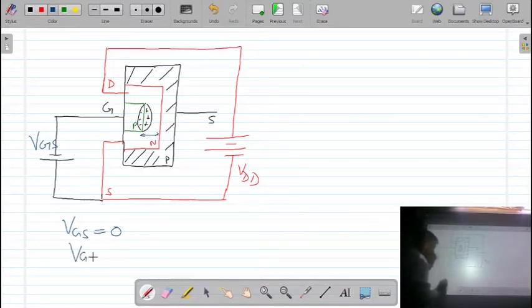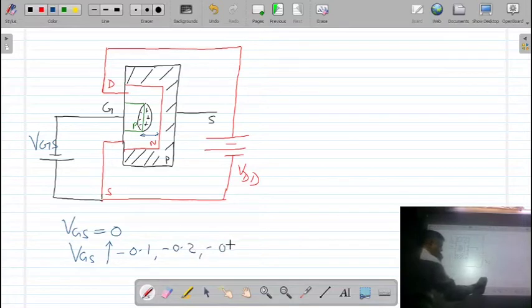As VGS is increased negatively, minus 0.1, minus 0.2, minus 0.3, the width of this depletion layer increases. As a result, the width of the conduction channel decreases.